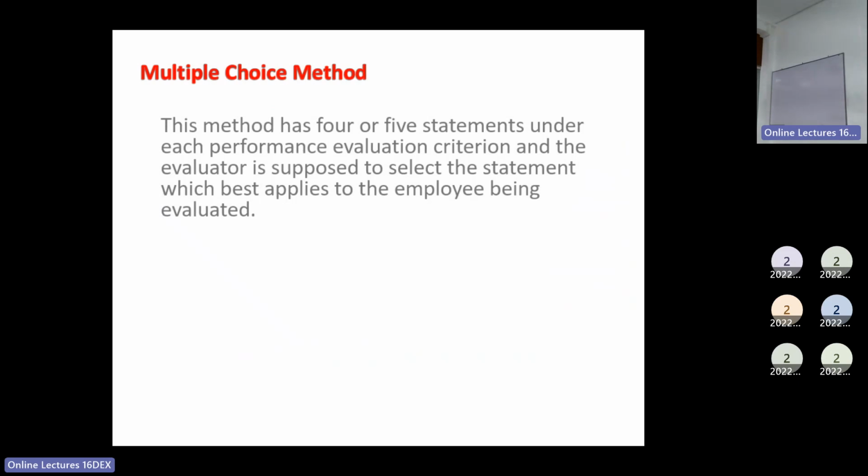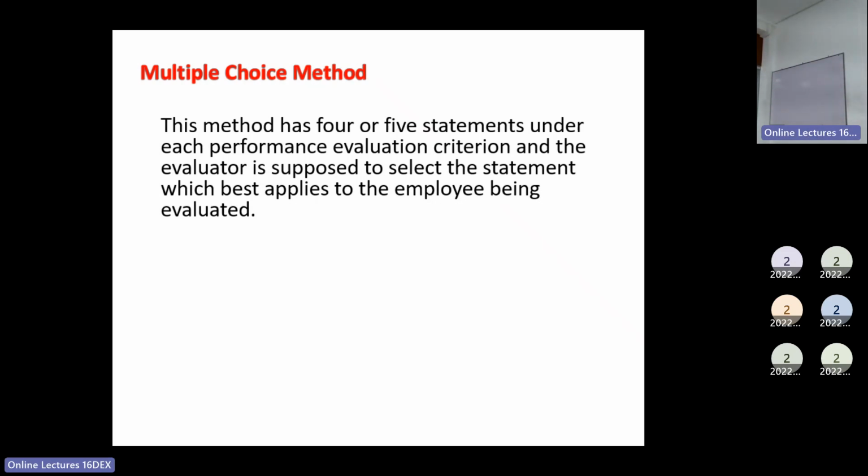Then the multiple choice method. I'm sure that you are really familiar with multiple choice questions, and this is very similar to that. For each and every criteria, you are given some statements, and the evaluator is supposed to select the statement that best applies to the employee.